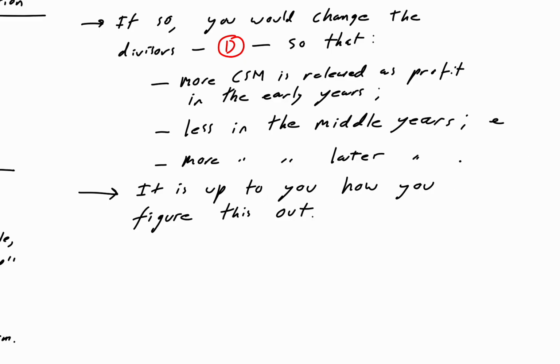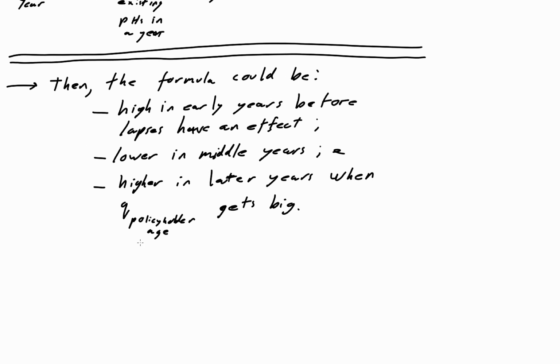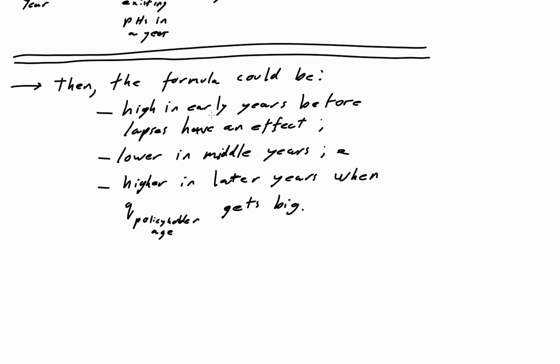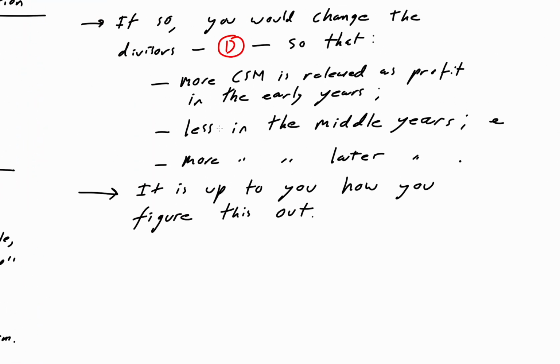So basically the results that you get from that transfer of services formula could be high early on, low in the middle, higher later, and then those kinds of results would change how you figure out the divisors in that table from the previous lecture, which would then lead to more CSM being released as profit early on, less in the middle years, and then more later on.